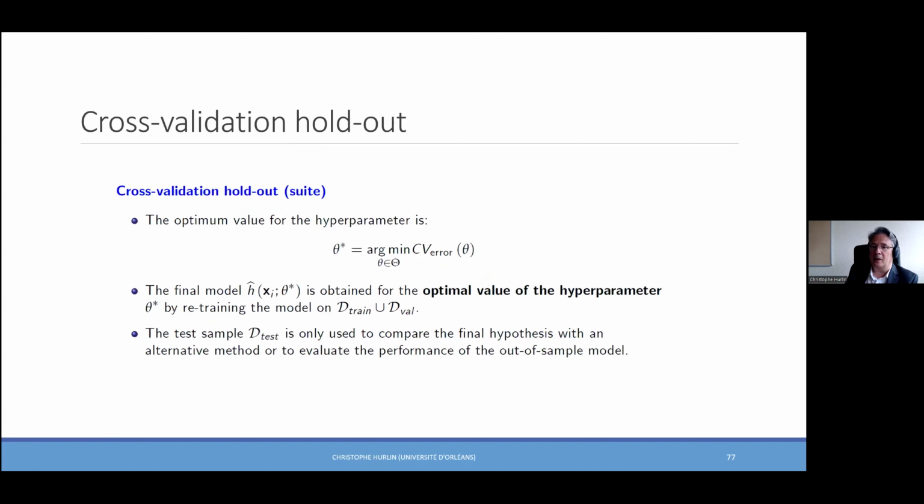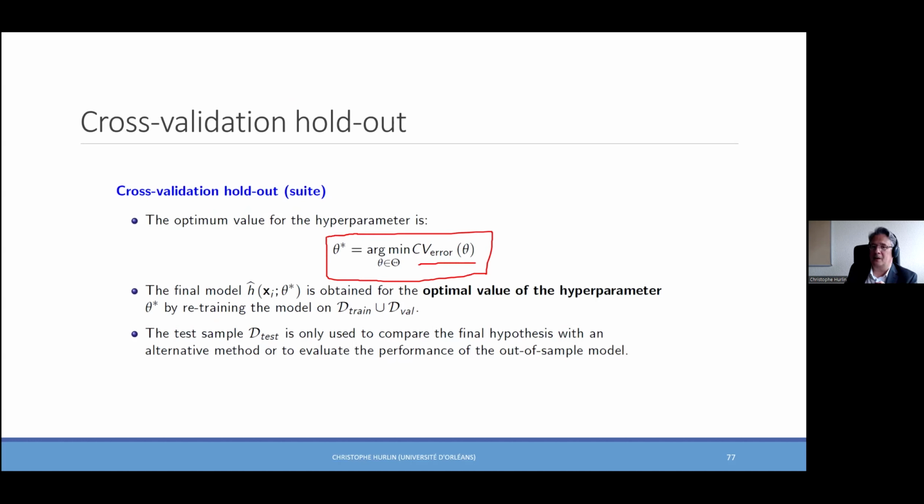Then, what is the optimal value of my hyperparameters? It corresponds to the value theta star of my optimal hyperparameters that minimize the cross-validation error on the validation set.